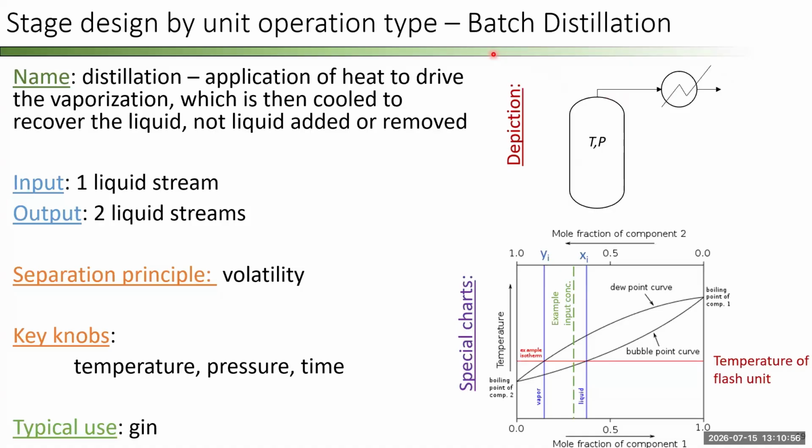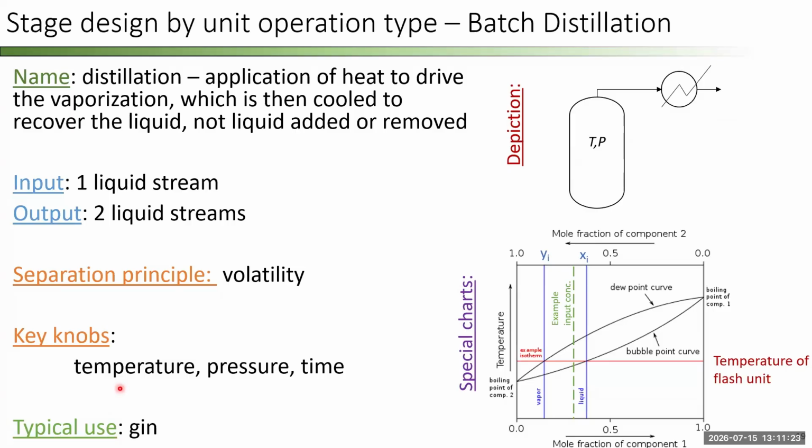However, this is done in a single batch. One liquid stream enters our still, and then that still is heated. We are constantly pulling the gas off the top and recondensing, but the bottoms are going to stay in the still. They're not continually drawn off.